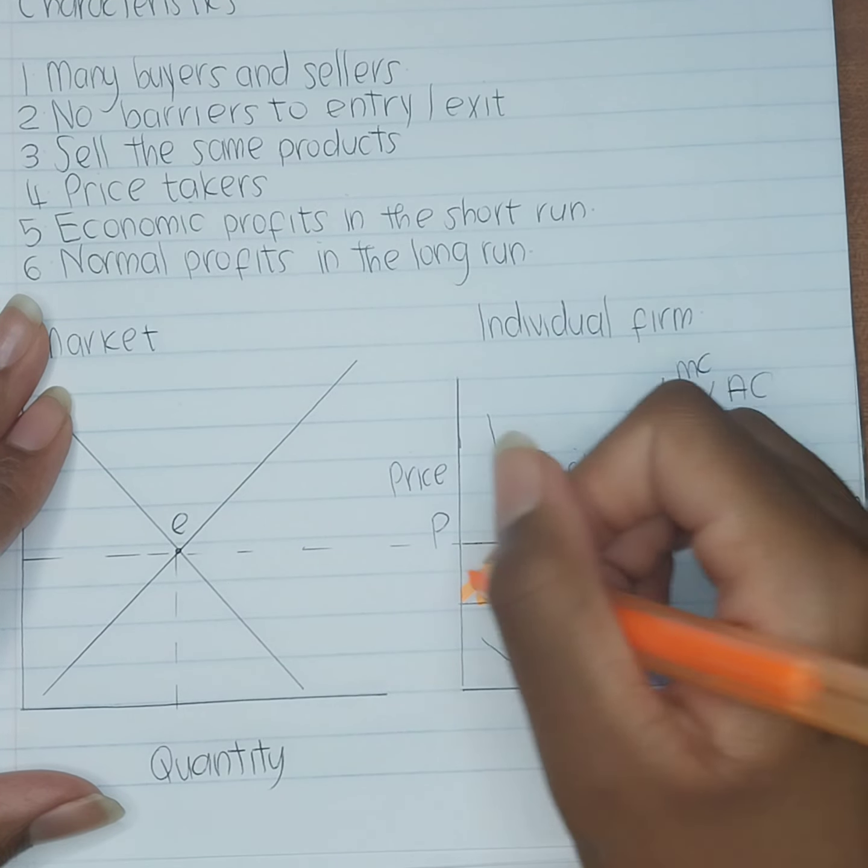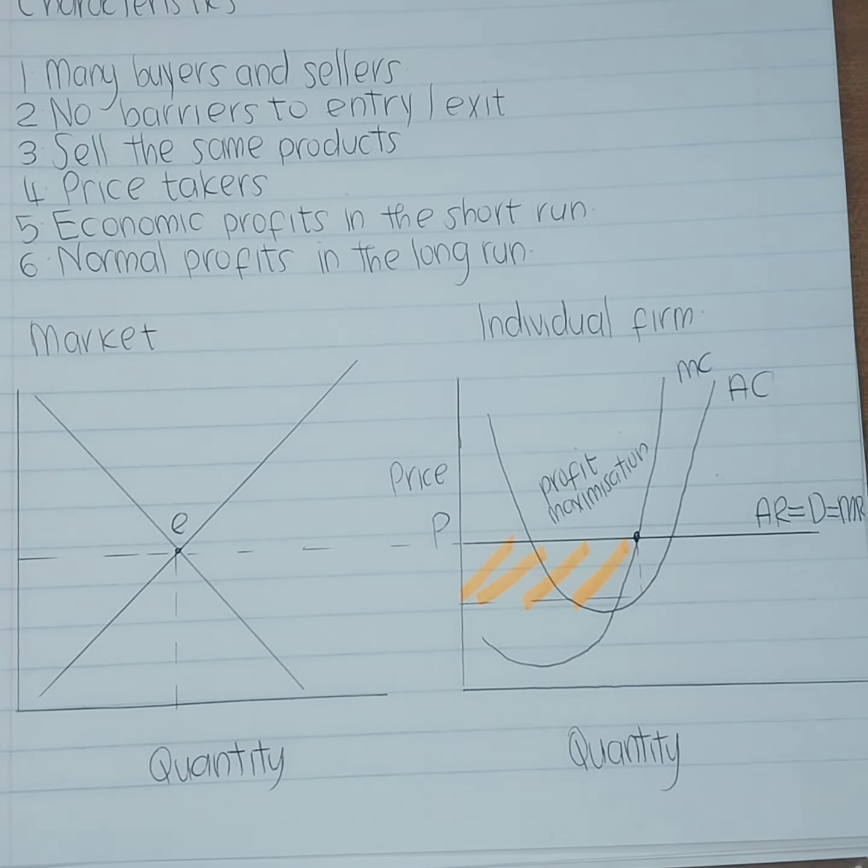This whole segment lies above the AC, so that is my economic profits. You always use whatever shape you have. In this case, you have a rectangle, so you will use the area of the rectangle, length times breadth, to find out what that economic profit is.